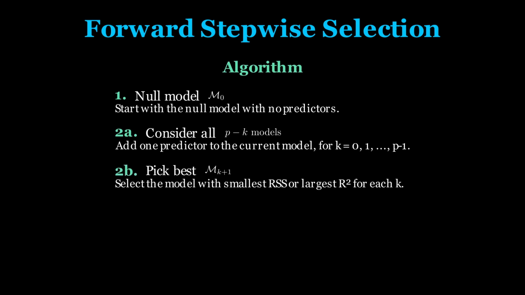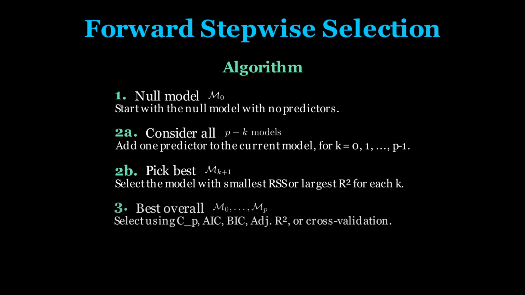For each k, we select the best of those p minus k models based on the smallest RSS or largest R squared and call it Mk plus 1. We repeat steps 2a and 2b until all predictors have been added. Finally, from the sequence M0 through Mp, we select the final model using a prediction error criterion, similar to the criterion used in best subset selection.